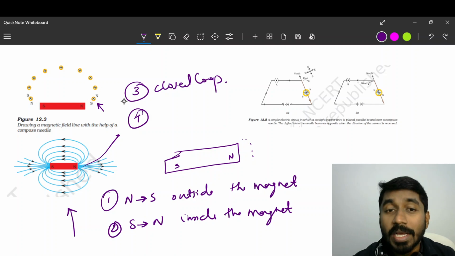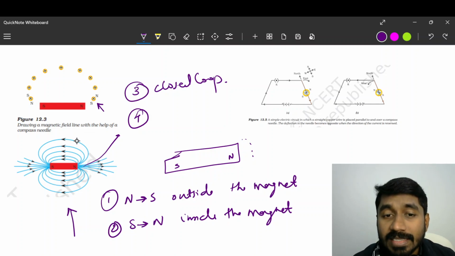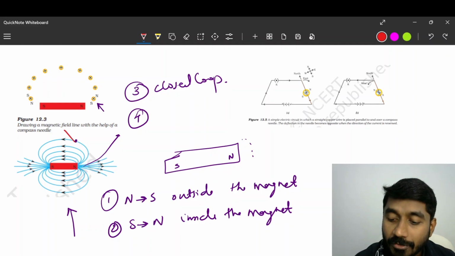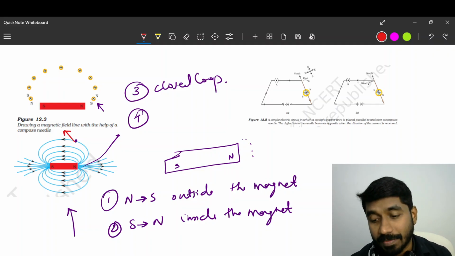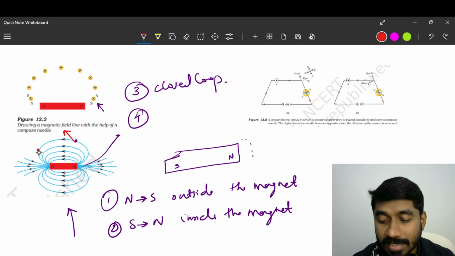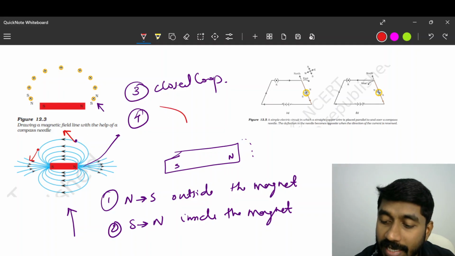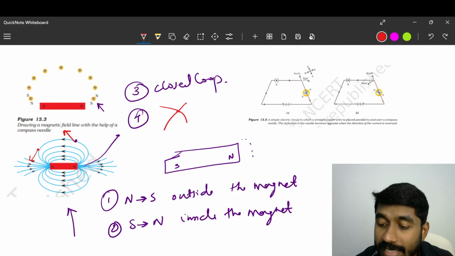What is the reason? This is the magnetic field line at this point. To find the magnetic field direction at this point, I have to draw a tangent. So if two magnetic field lines intersected at a point, we would have two directions at a single point.